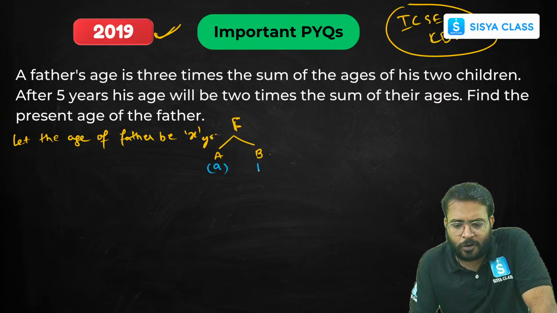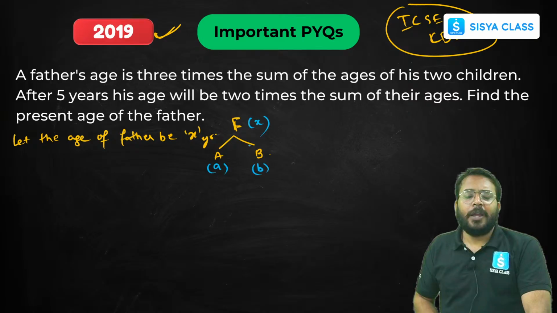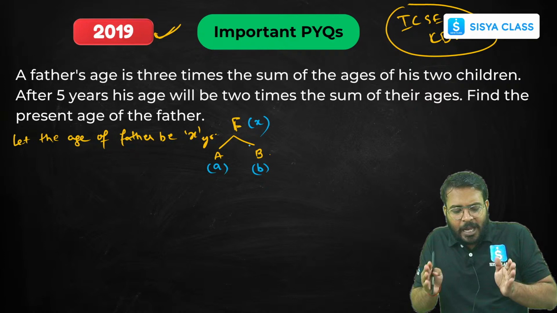Father's age I have assumed as X, and his two children's ages as small a and small b.